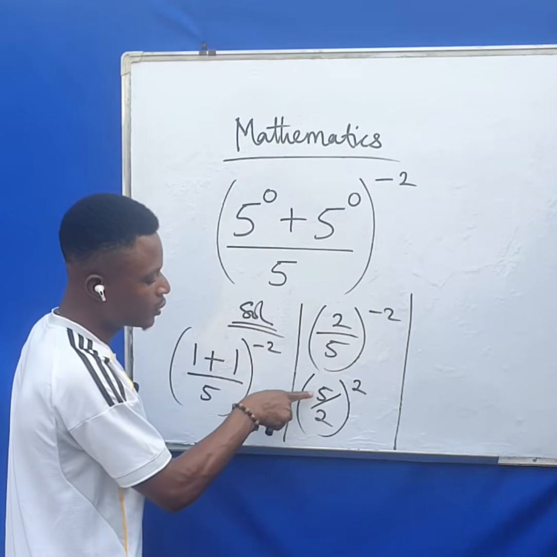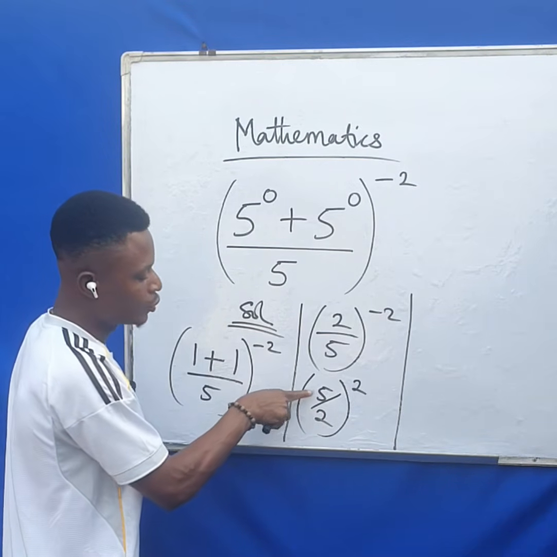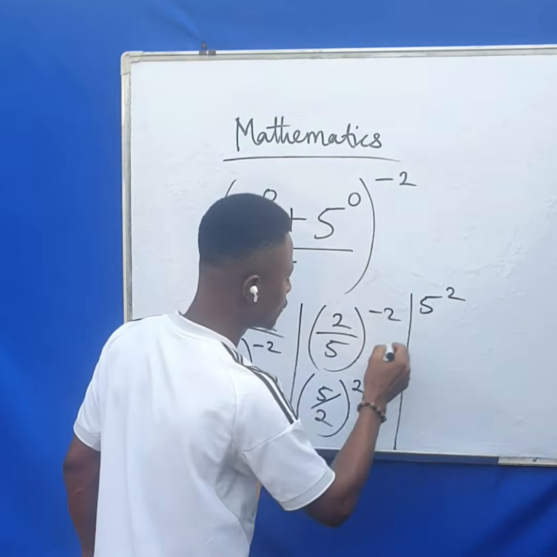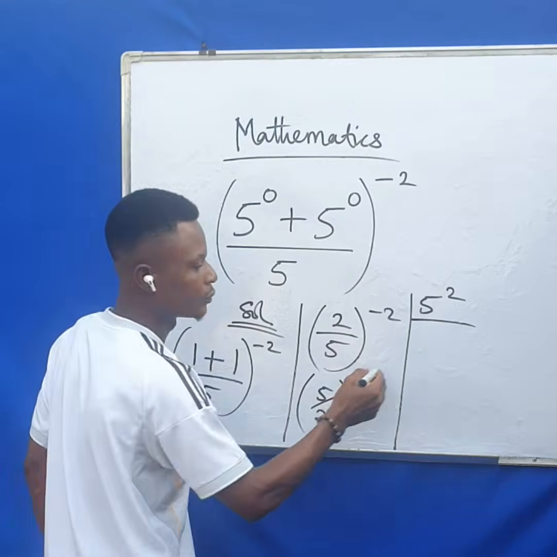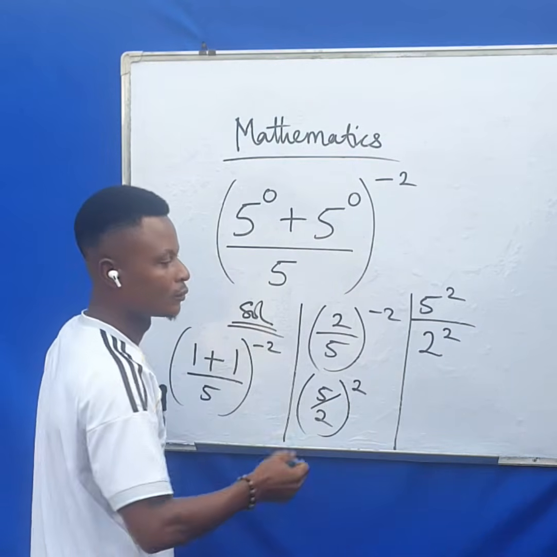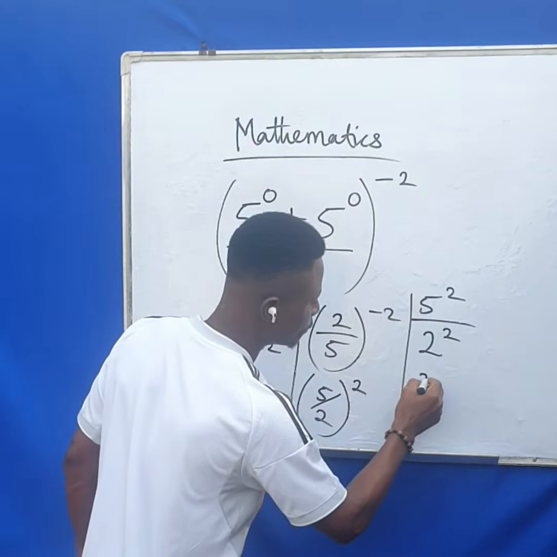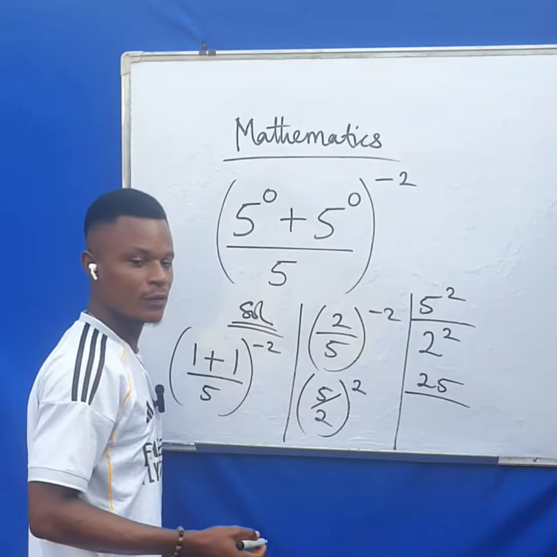So this one now means that this power will affect this 5 and also affect this 2. So it's going to be 5 raised to the power of 2 divided by 2 raised to the power of 2. 5 raised to the power of 2 means 5 times 5, which is 25. Then divided by 2 raised to the power of 2, which means 2 times 2, which is 4.